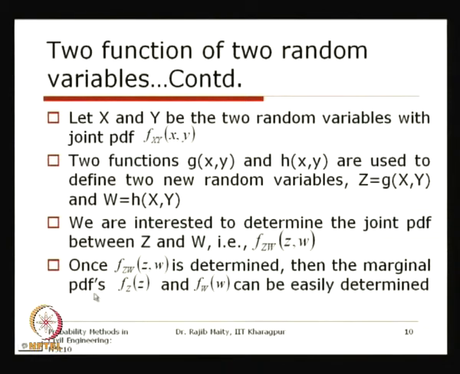For example, the marginal PDFs of Z and W, that is f_Z(z) and f_W(w), can also be easily determined from the theory we have discussed earlier. So now we are interested in finding the joint density f_ZW from the joint density f_XY, where X, Y are my original random variables and Z and W are functions of these original random variables.